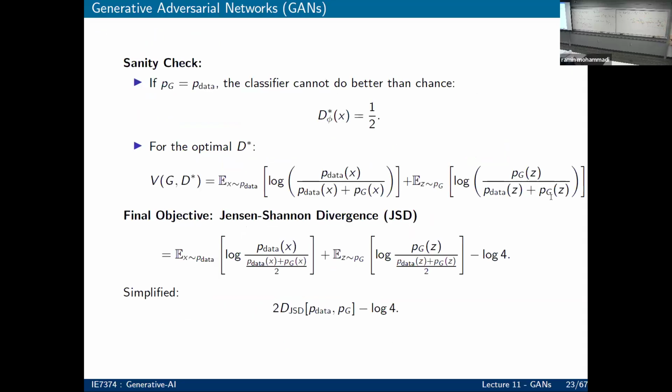Now think about the data. If your generator is pretty good, it generates data that is identical to the P of data, then this loss becomes 1/2, right? And what does that mean, this loss is 1/2? From the discriminative perspective, the discriminator is a sigmoid. 1/2 means 0.5.